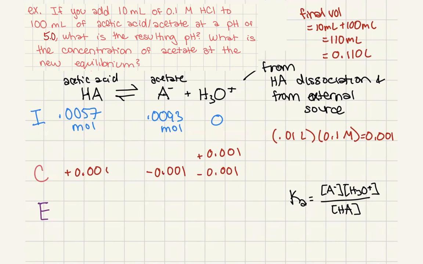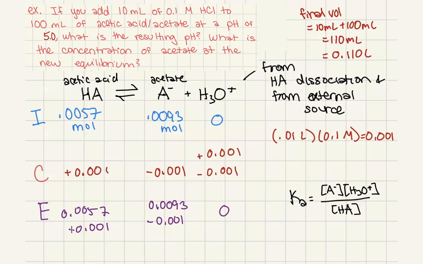Okay, so how is this going to affect our equilibrium? In this case, we have 0.0057 minus 0.001. Here we have 0.0093 minus 0.001. And here we'll have 0, because we've used up all of the acid that we added.